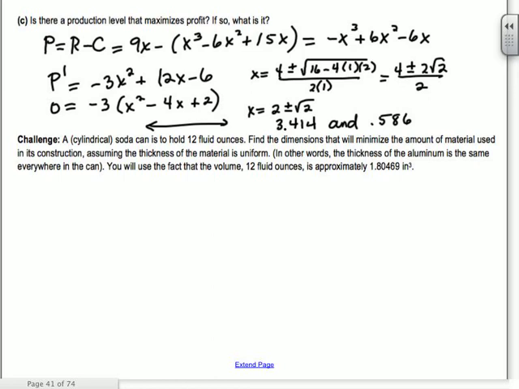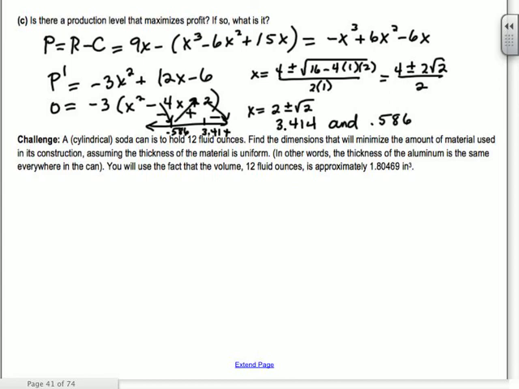So if I plug in 0.586 and 3.414. If I plug in 0, I get negative 6, so negative. If I plug in 1, I get negative 3 plus 12 minus 6. That's positive. And if I plug in 4, I'm guessing I get negative. So it's decreasing, increasing, decreasing.